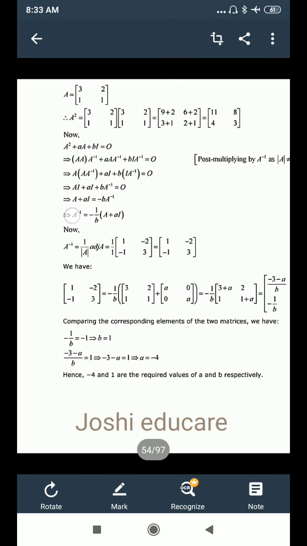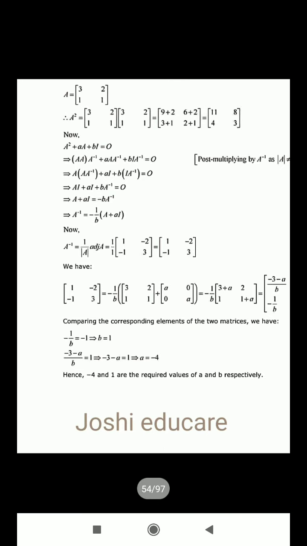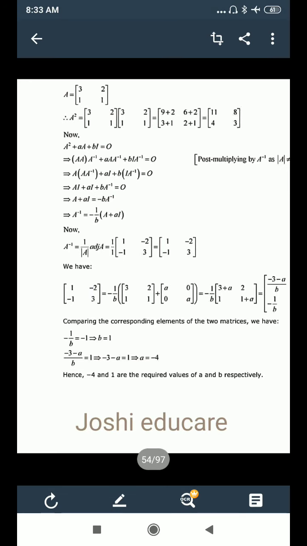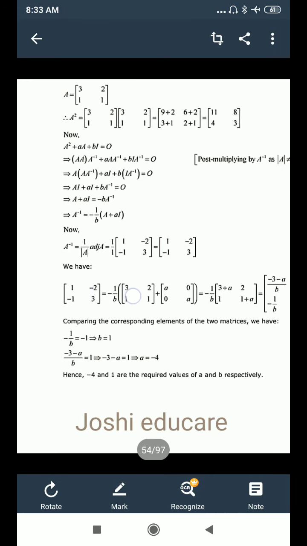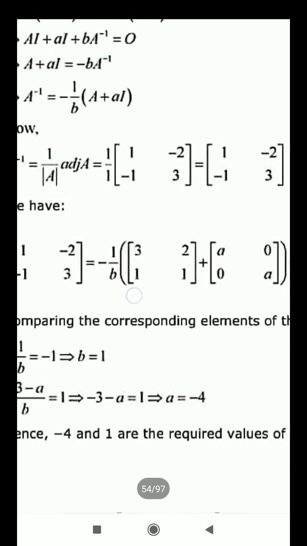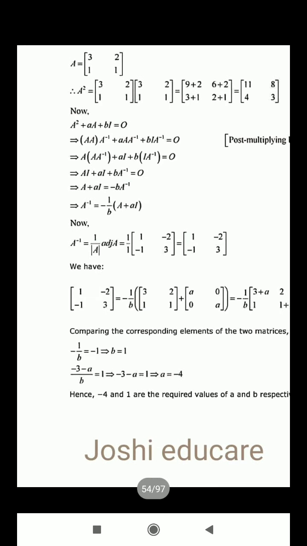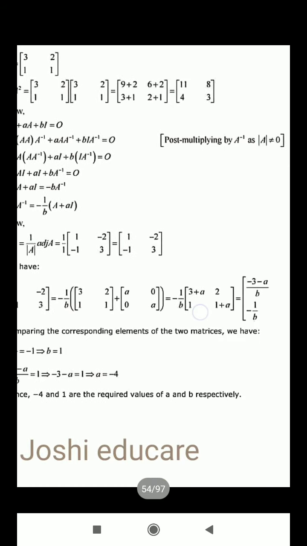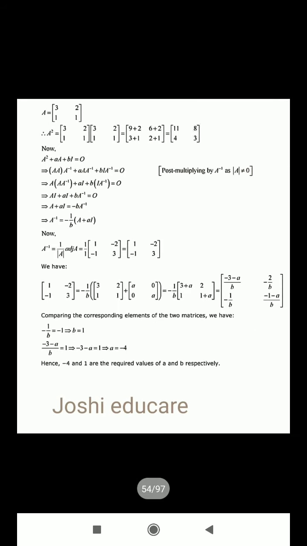Now you substitute the value of A inverse and A in this. So A inverse is equal to minus 1 upon B into A plus AI. I have taken A plus AI. Now you will equate both these two matrices. Right side we get this thing, left side it is equal to this much.